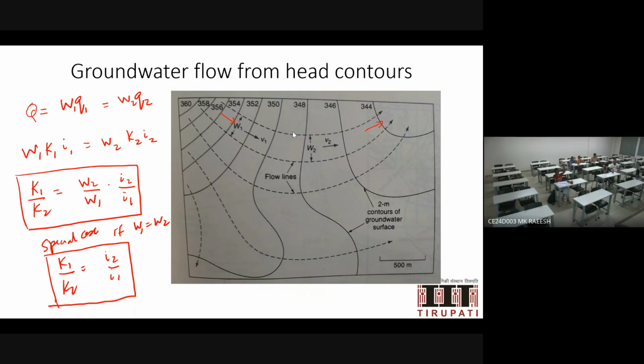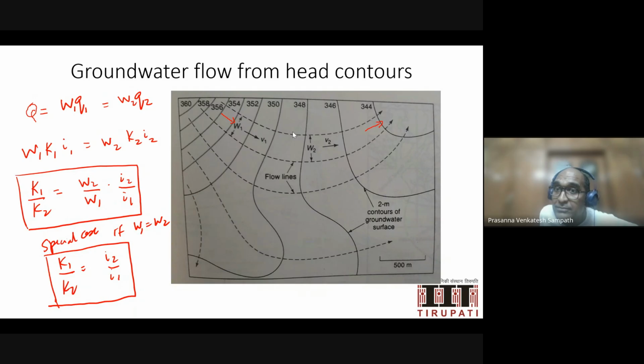You'll have to really put it up well. Vignesh, right or left? Left. Everybody's left. That is correct. K2 is greater than K1.